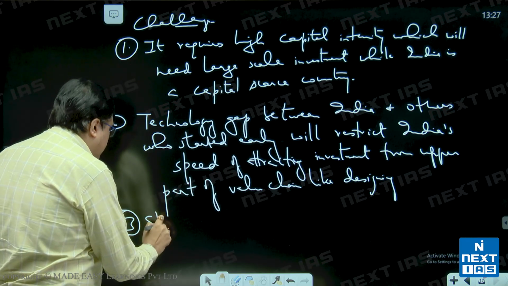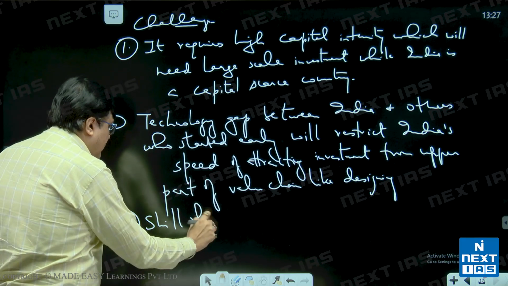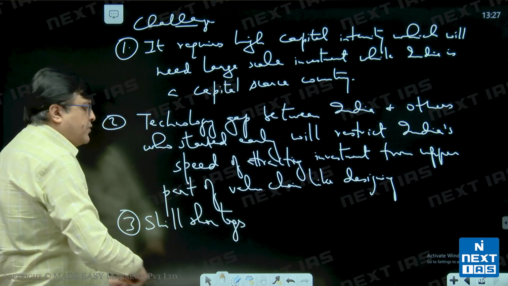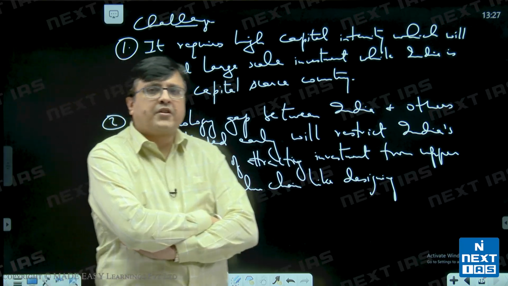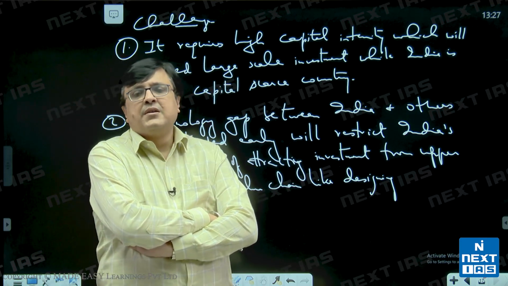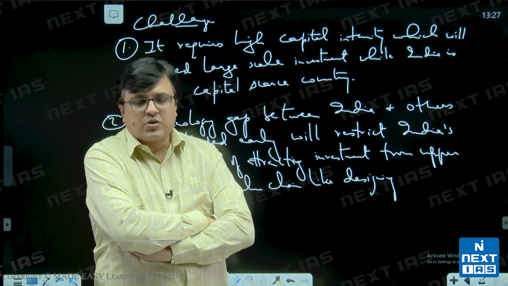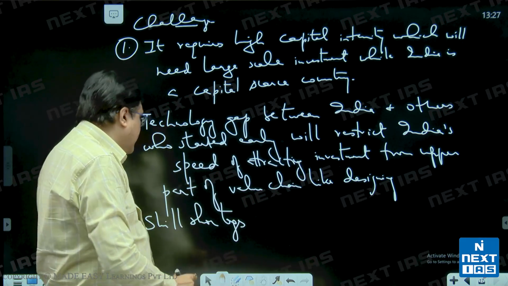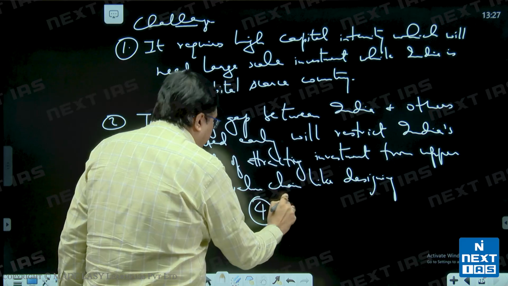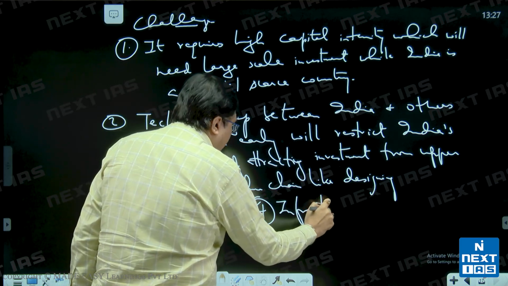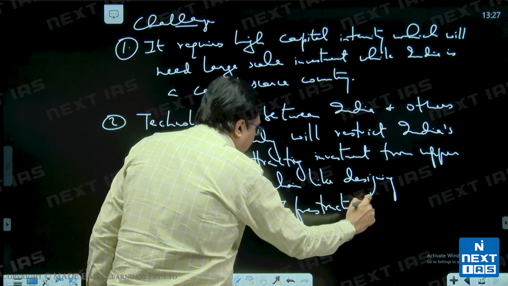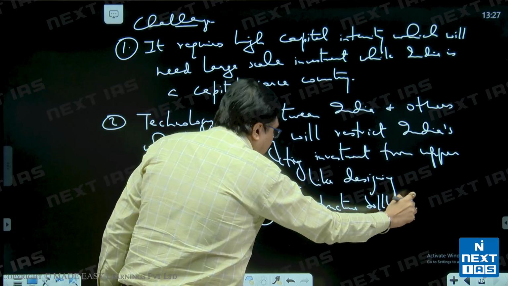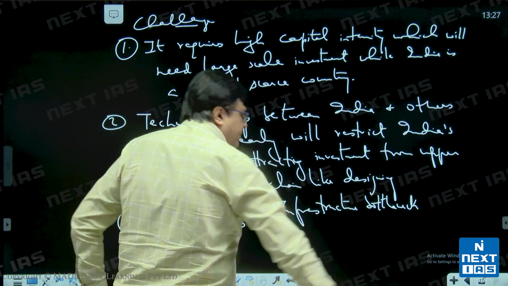is skill shortages. The number of engineers we have who can work in India, the training part is much lesser than ideally what we would need. So skill challenge is another problem. Another is infrastructure bottleneck.